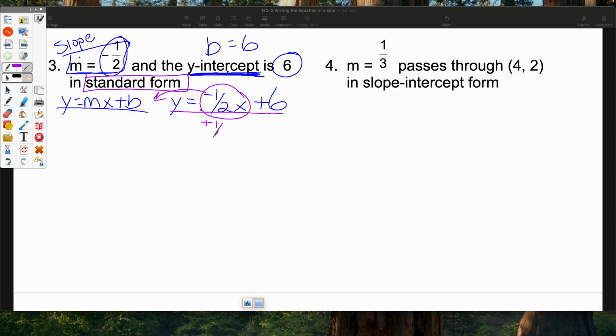Positive, so plus 1/2 x. Plus 1/2 x cancels out the right side. So on the left now, I'll have my 1/2 x plus your y that was already on the left, and then your 6 will remain on the right side.